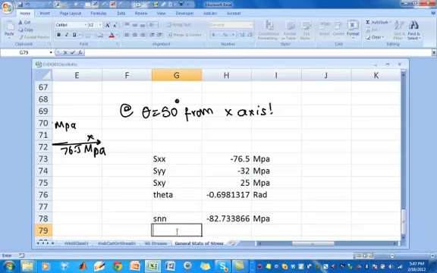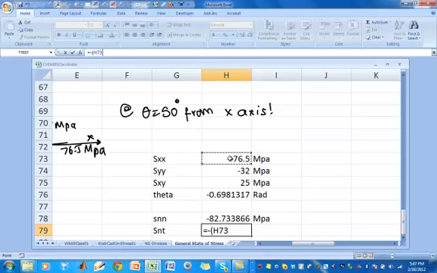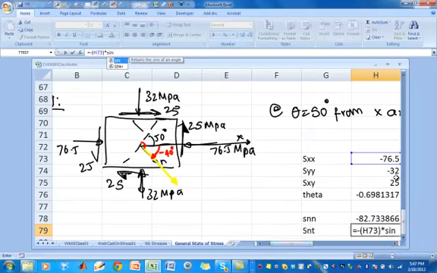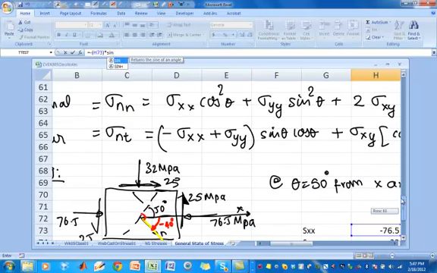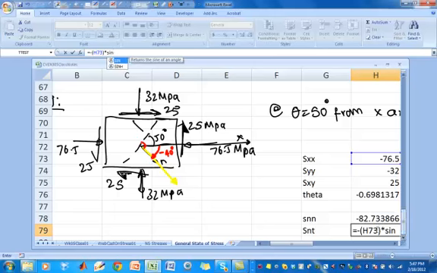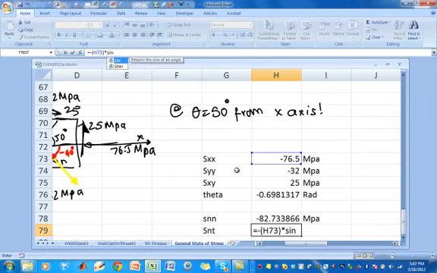Snt equals minus Sxx times sine. Let's check, make sure that we are getting the right one. After this it is just plugging in the formula, sine theta cos theta, right? So plus, we're going to do this in a different way.